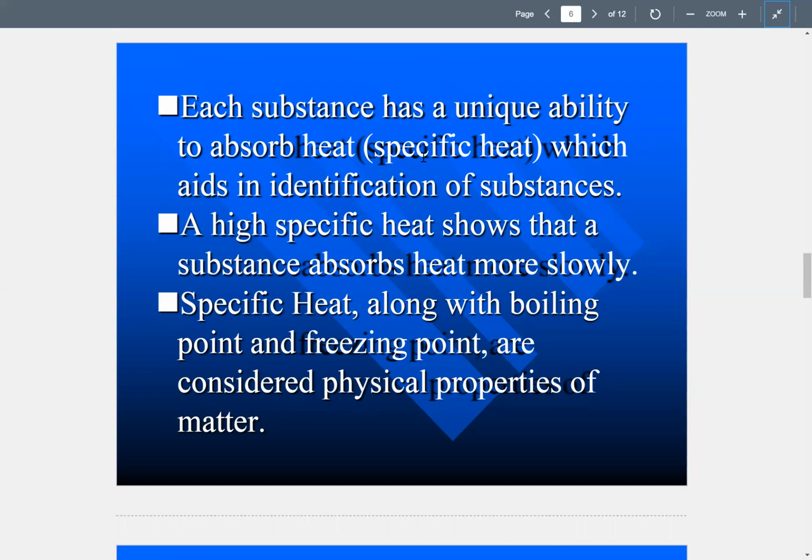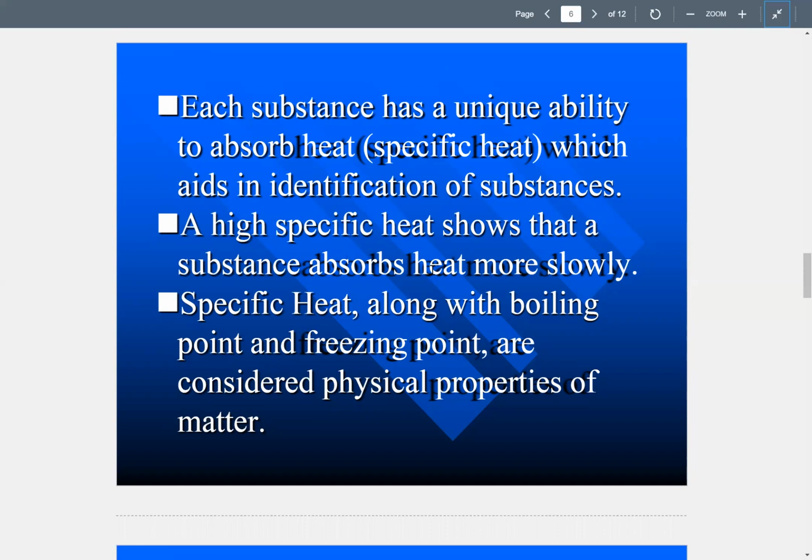So when you touch the wood, it is still okay for you to touch it, even though you've been pumping a huge amount of energy into that sauna room. So this is what we mean by high specific heat. It takes a large amount of energy for you to change the temperature of it. If you were to make a sauna out of aluminum, you wouldn't even be able to go in that room, let alone be able to sit down. You would burn yourself very quickly. And that's because things like metals have very low specific heats, meaning even a small amount of energy can change their temperature very quickly.